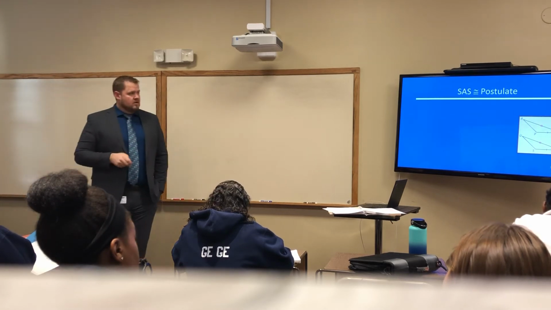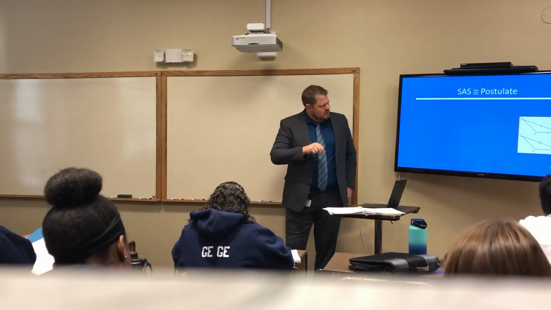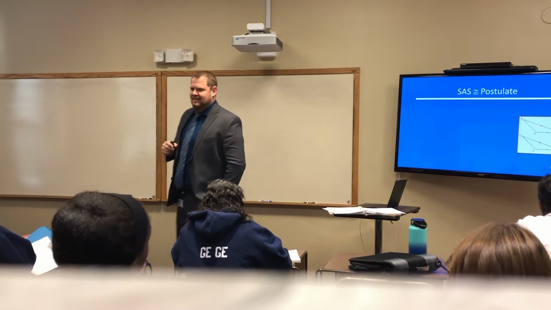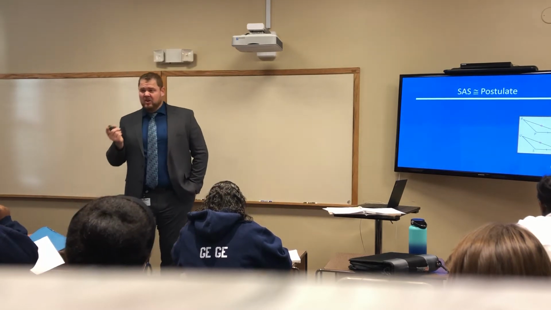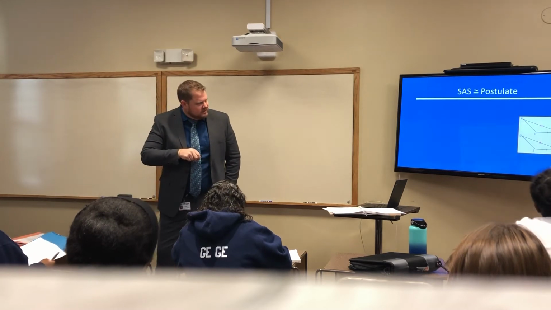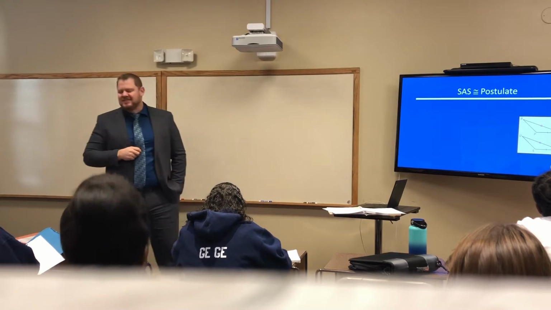It's Q, but what else do we know? Here's a side and here's a side. Is it outside of it or in between it? Outside. So that angle is outside of this line and this line. Oh, inside. It's in between, right?